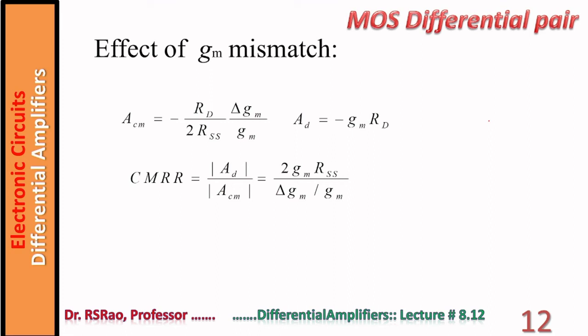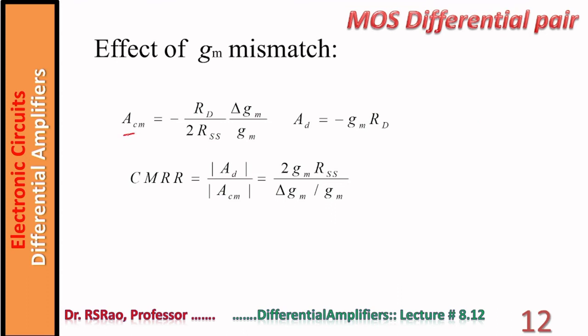Let us suppose one transistor is having a transconductance value of GM, another having a transconductance value of GM plus delta GM. In such case, in what way does this difference in the transistors impact the CMRR of the amplifier? This aspect is considered here.